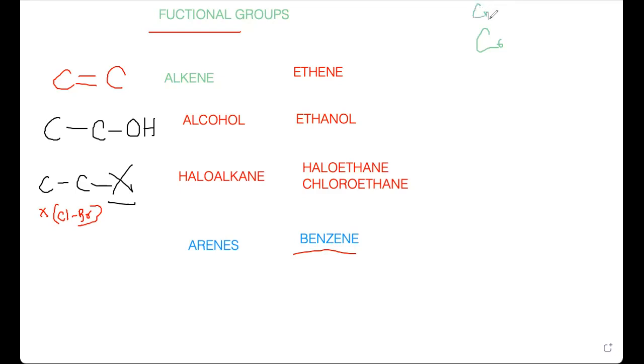Let's derive the formula. So C6, and hydrogen: 2n, n means 6. So 2 multiplied by 6 is 12, 12 plus 2, 14. So C6H14 is actually hexane. Okay.